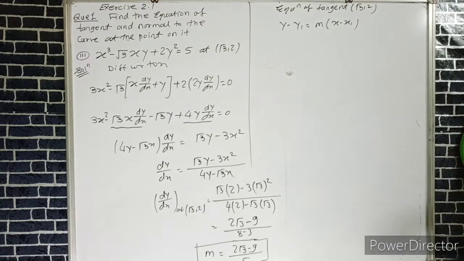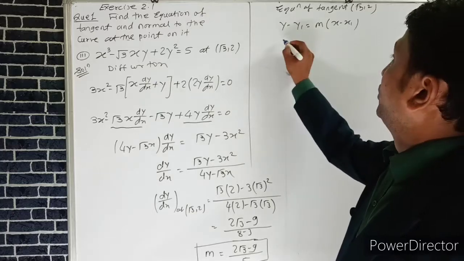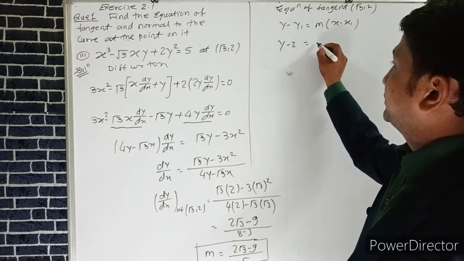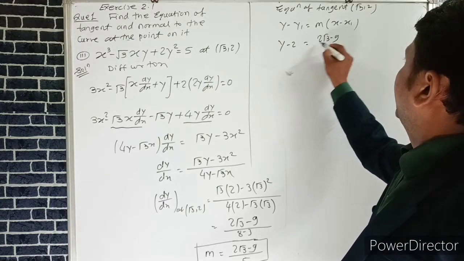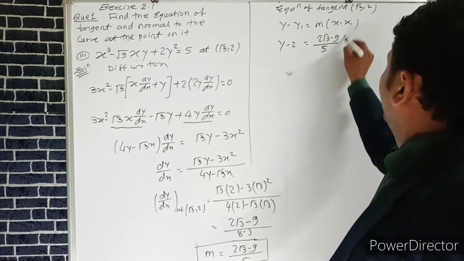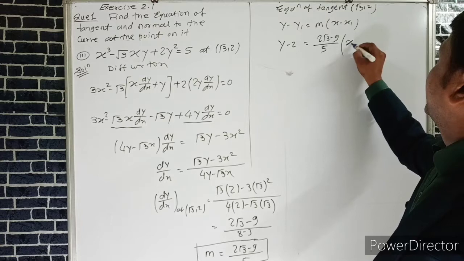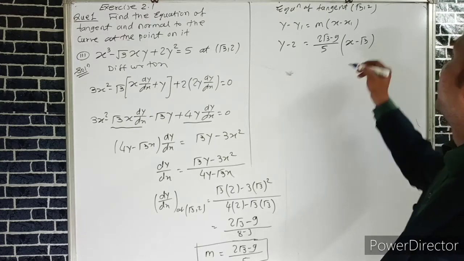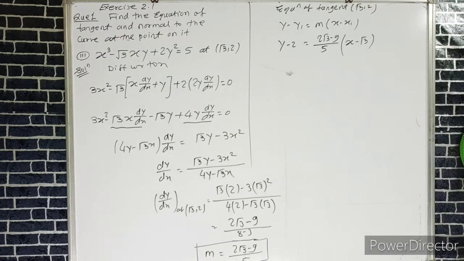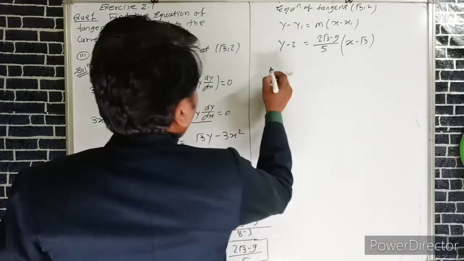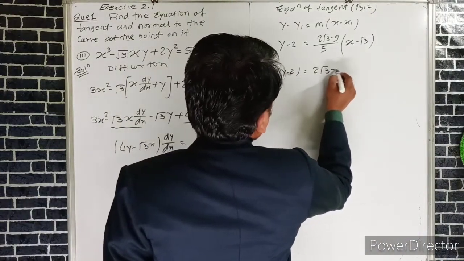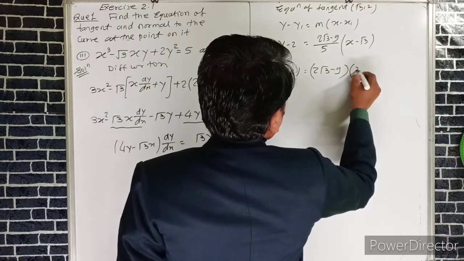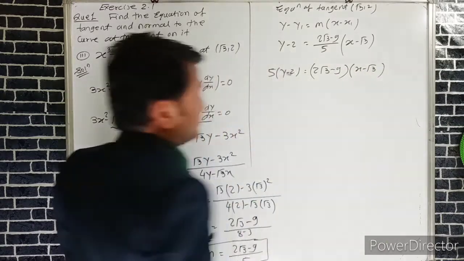Here y1 is 2, m is (2 root 3 minus 9) upon 5, into x minus x1, which is under root 3. So if we take this 5 to the left side, we can write 5 into y minus 2 equals (2 root 3 minus 9) into x minus under root 3.